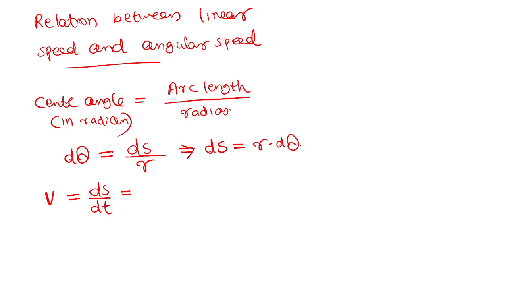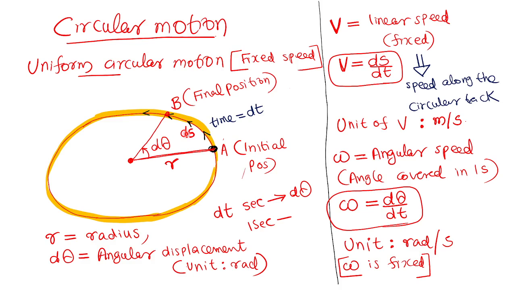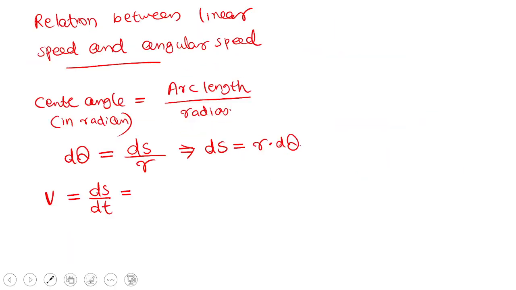What is this ds? ds is nothing but the arc length. So ds is r d theta, and v equals r into d theta by dt. Understood?